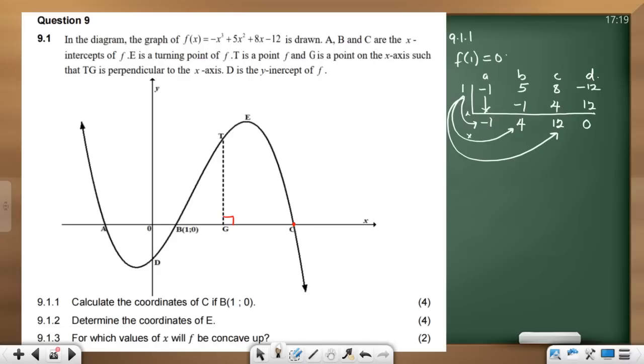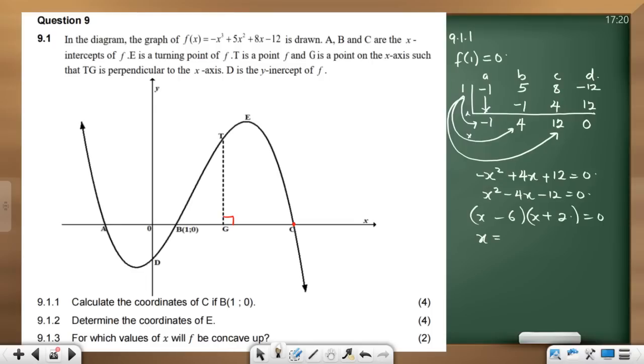My A is negative 1, so it's negative x squared. My B, positive 4x. And my C, and this should be equal to what? 0. Let's solve. We can change the signs. What do we say? 6 and 2.